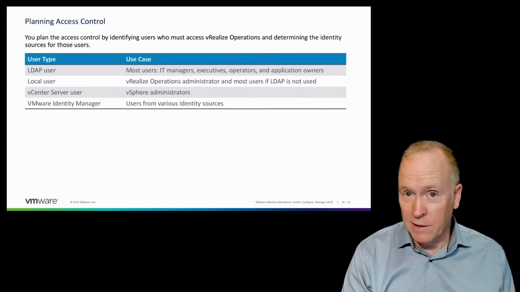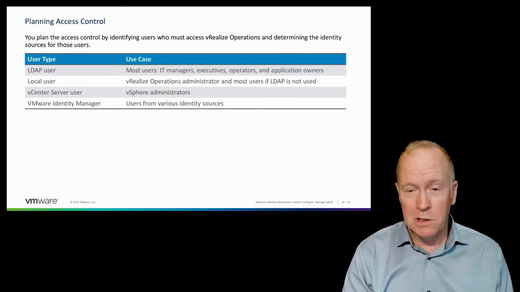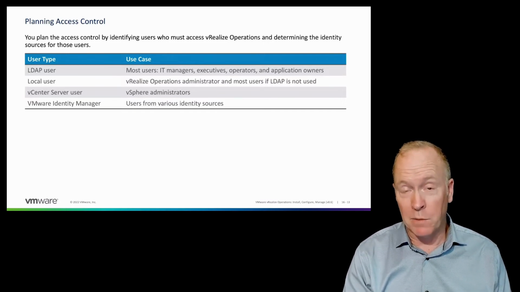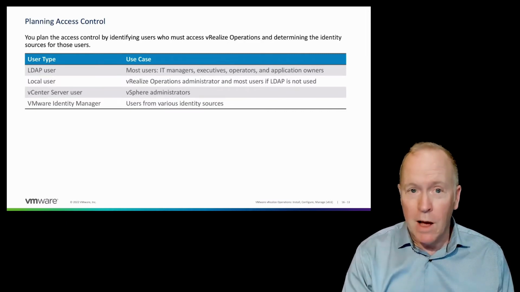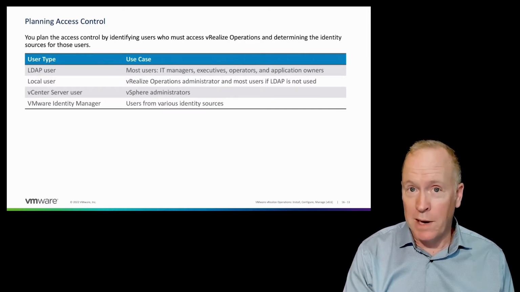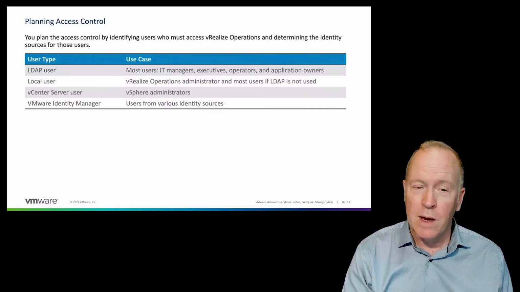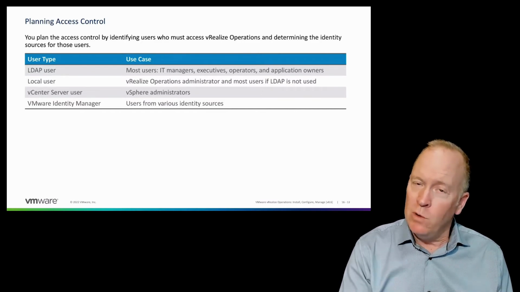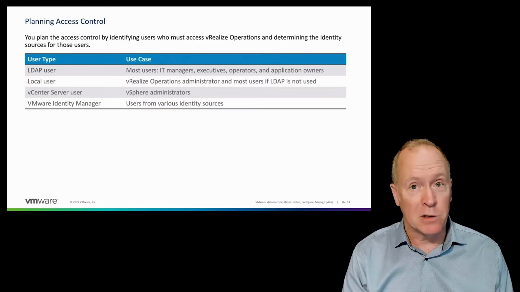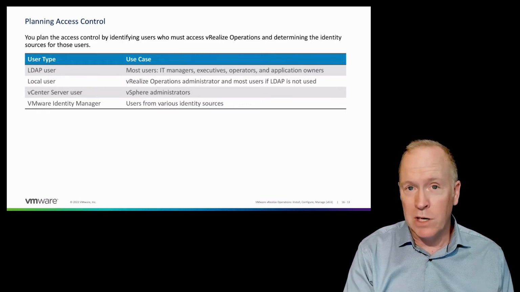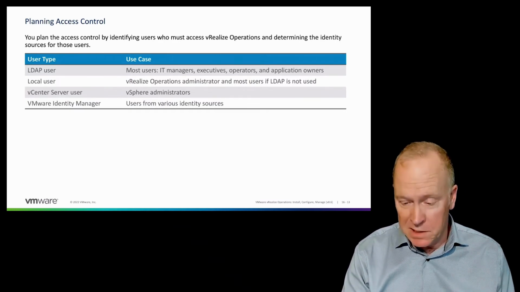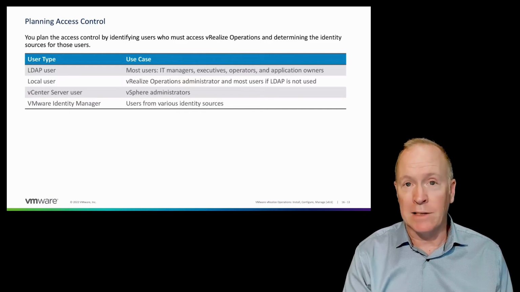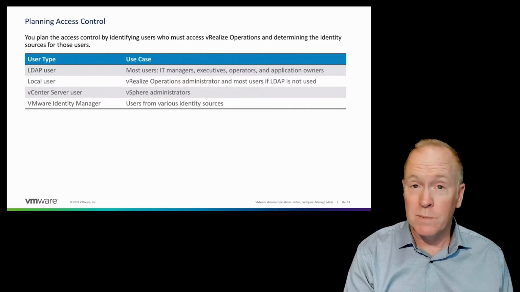So Active Directory users and Open LDAP users tend to be used for lots of user accounts in vRealize Operations. So whether you're an IT manager, an executive, or a technical person, your account being in some sort of LDAP server would make sense. For users who happen to be vSphere administrators, bringing them into vRealize Operations using vCenter authentication and authorization provides an easy, seamless way to give them access to vRealize Operations.